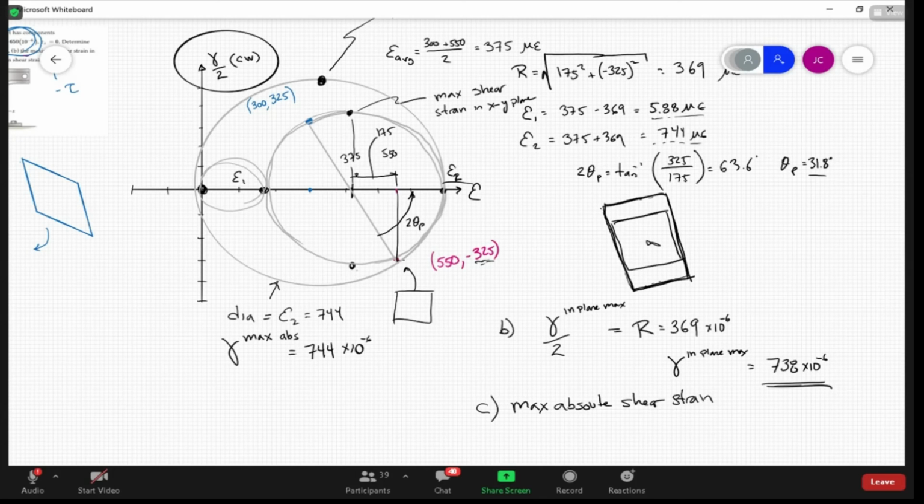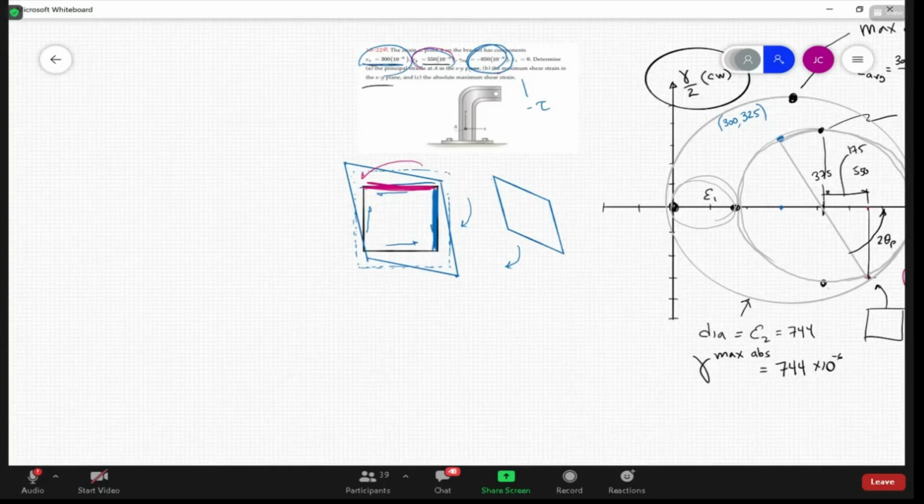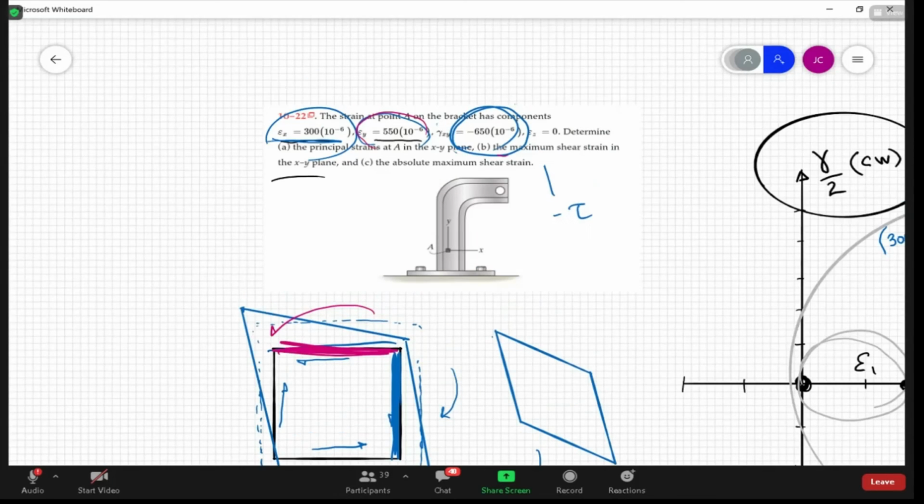Like I said, another type of problem you could be given is this strain state here, and it would ask you to consider this the strain state for a coordinate system rotated by 15 degrees.